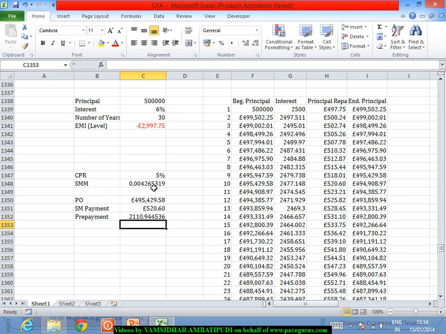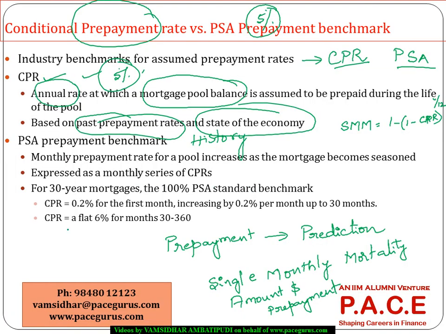This tells me that in this scenario, the expected prepayment is almost $2,111.